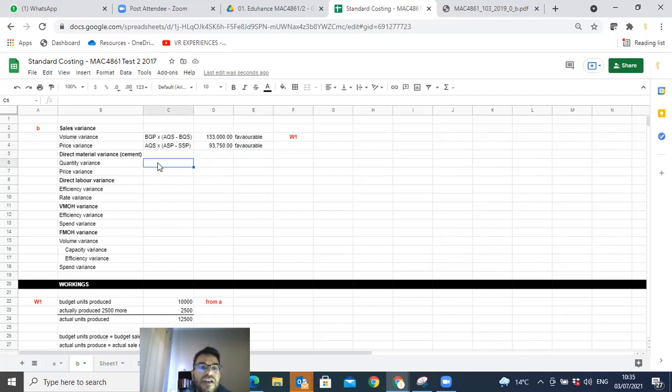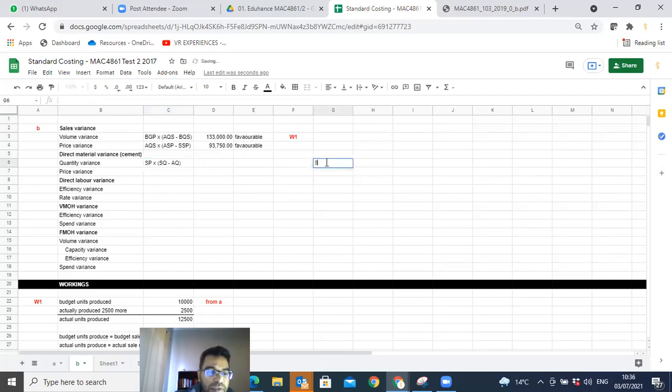So it's going to be standard quantity minus actual quantity, multiplied by standard price. We hold the standard price constant.